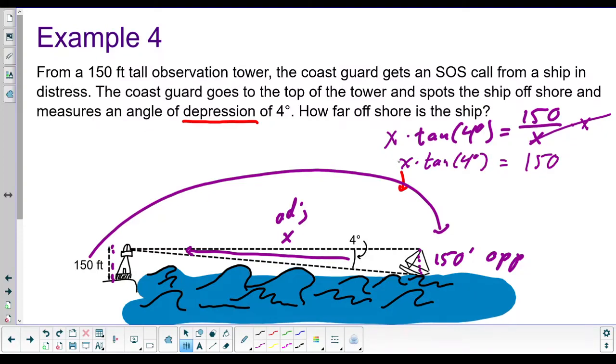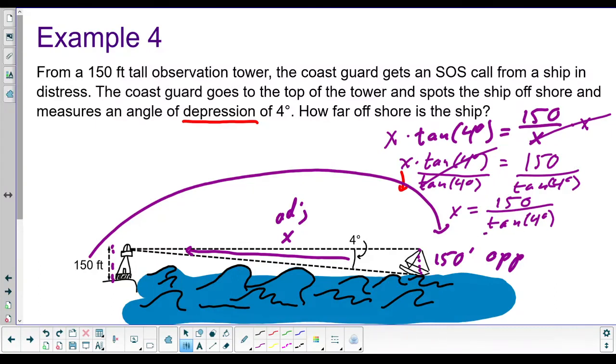Now we want the x by itself, and it's being multiplied by the tangent of 4 degrees. So to get rid of this, we need to do the inverse math operation. We're going to divide by tangent of 4 degrees on both sides. Okay, so these cancel, and now we have just x equals 150 divided by tangent of 4 degrees.